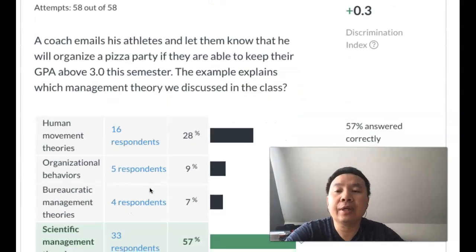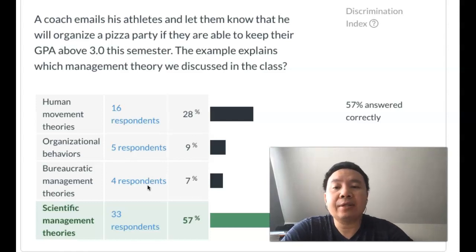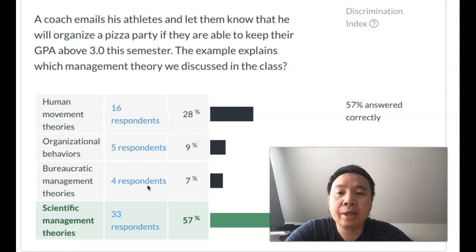Okay. Third question: a coach emails his athletes and lets them know that he will organize a pizza party if they keep their GPA above 3.0 this semester. The example explains which management theory we discussed in class? We talked about four management theories. The correct answer is scientific management theory. In scientific management theory, the belief is that for all managers, the most important thing is productivity.